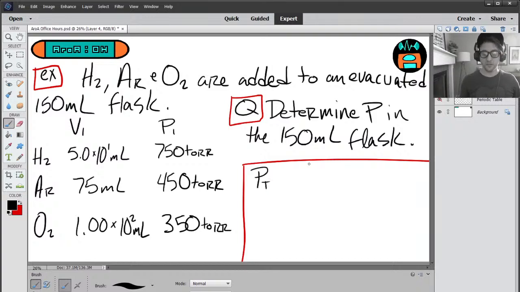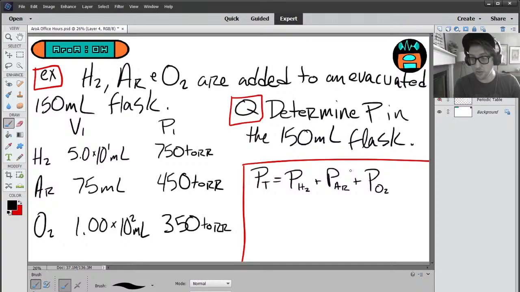It's the pressure of a mixture of gases. Dalton's law of partial pressure tells us that the total pressure of a mixture of gases is the partial pressure of each member of that mixture added up. So it'll be the partial pressure of hydrogen plus the partial pressure of argon plus the partial pressure of oxygen.